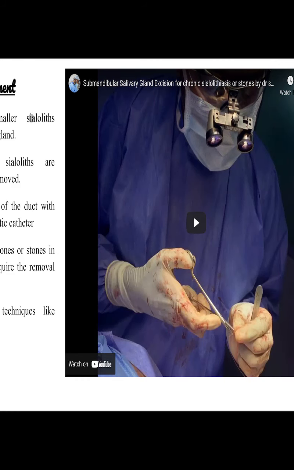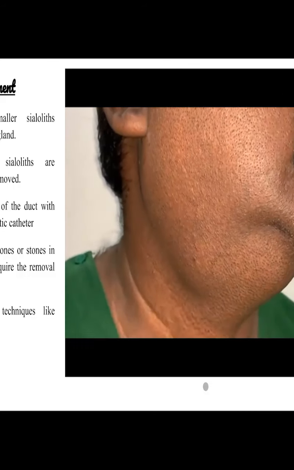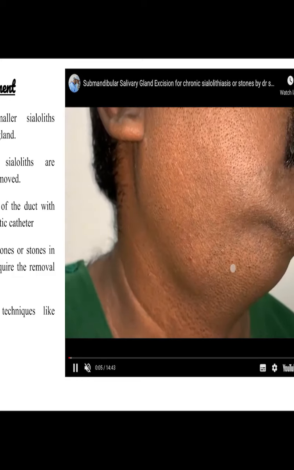Sometimes when the stones are not completely impacted, we can extract them through intubation of the duct with a fine, soft plastic catheter and application of a suction tube, thus creating suction and pulling the stone from the gland into the suction tube. If we have a case of multiple stones, we have to remove the gland as well, and we have modern technologies such as piezosurgery. Now, I'll be demonstrating a surgical removal of the gland.